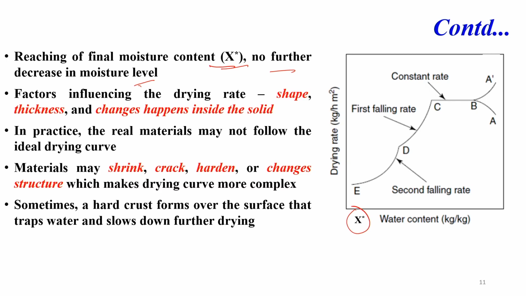Now, what are the factors which affect the drying rate? The shape, the thickness, and what changes happen inside the material. In practice, the real material may not follow the ideal drying curve and there may be some deviation, because the material may shrink, cracks may form, it may harden or it may change its structure.